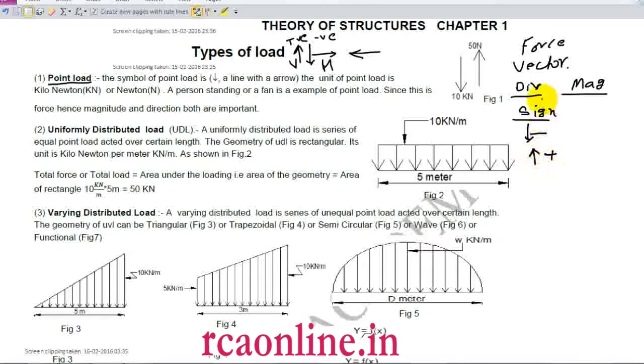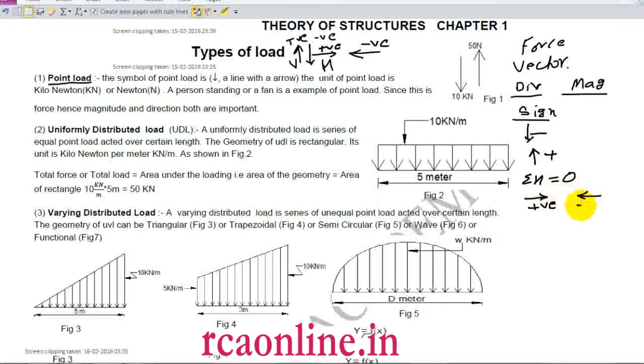So this is the meaning of the direction. Similarly for horizontal, the force acting towards the right hand side will be taken as positive and the force acting on the left hand side will be taken as negative. So whenever I am writing the equation summation H equal to 0 and I put a plus sign, it automatically shows that the direction of the load is towards the right hand side.